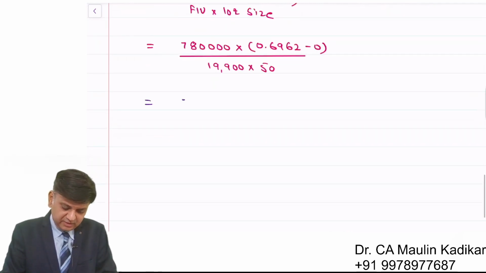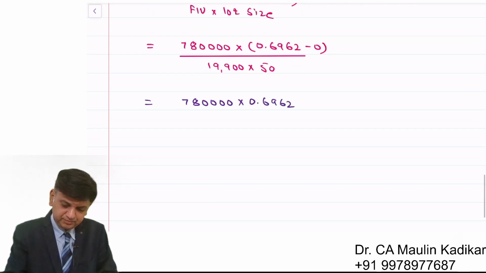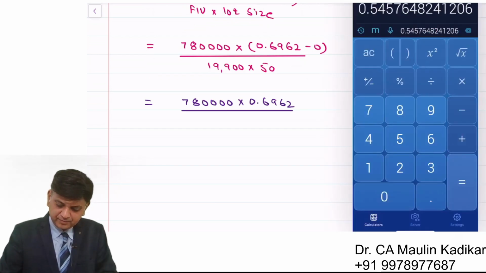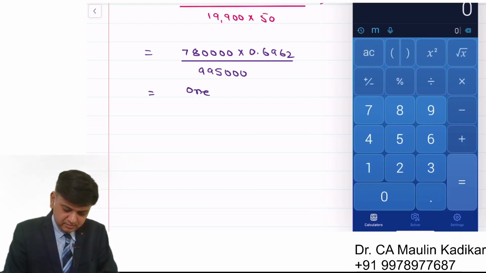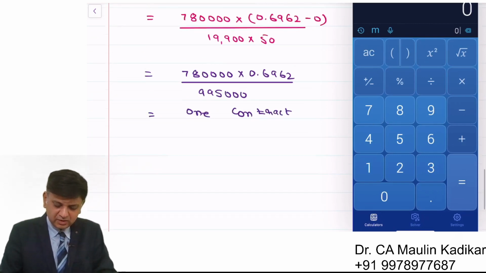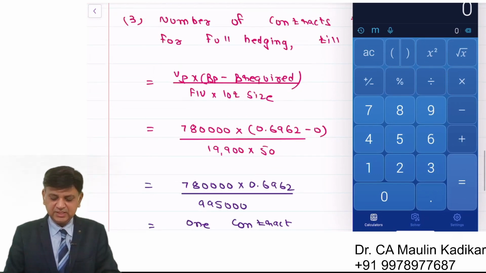So I am writing over here value 7,80,000 into 0.6962 divided by 19,900 into 15, that comes to 9,95,000. So answer is only one contract, because we cannot enter into the fraction number of contracts. That is the reason.